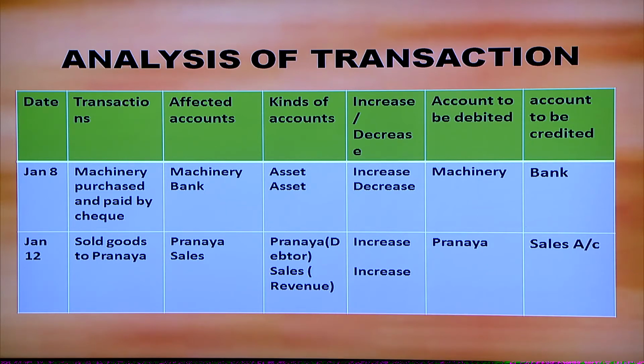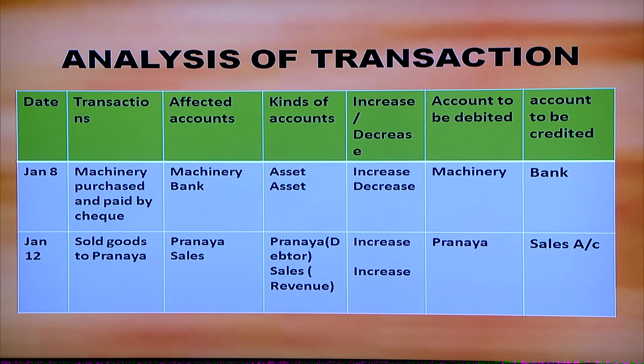Bank also will come under asset account. Rule for asset account: debit when there is an increase in the asset, credit when there is a decrease in the asset. Machinery is increasing, bank is decreasing. So, machinery account is debited and bank account is credited.